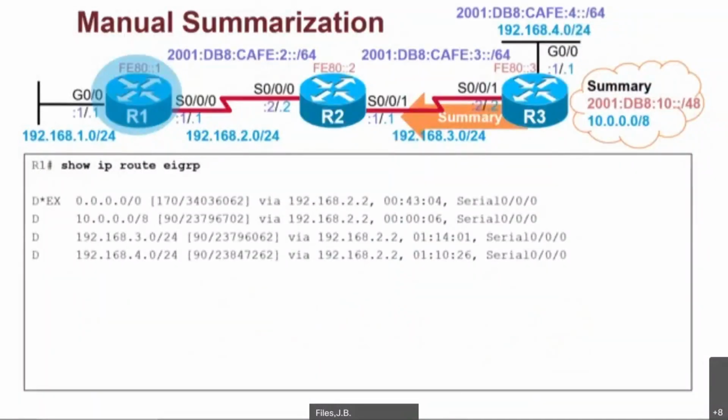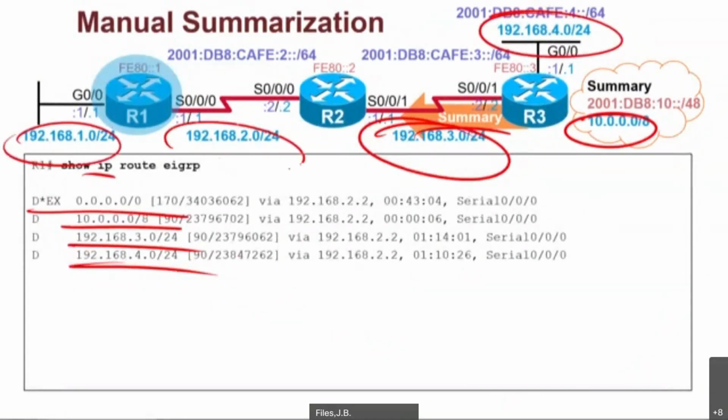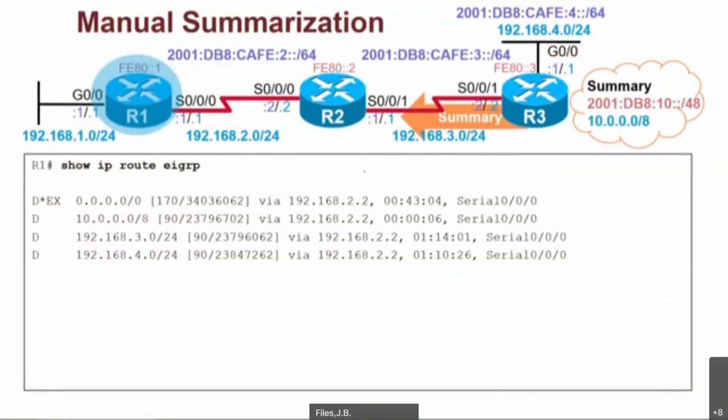If we want to verify this, we can do show IP route EIGRP. So this is IPv4. And so we can see there's the default route, the 10 summary route, the 192.168.3 right there, and the .4. We don't see these because they're directly connected, which makes sense.